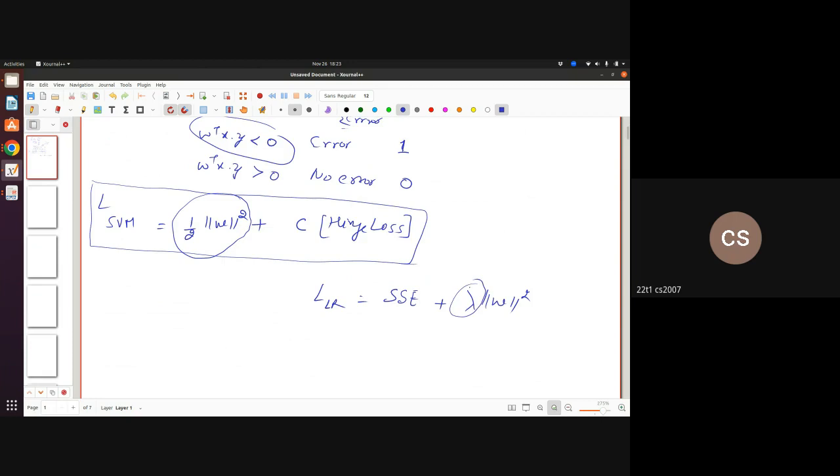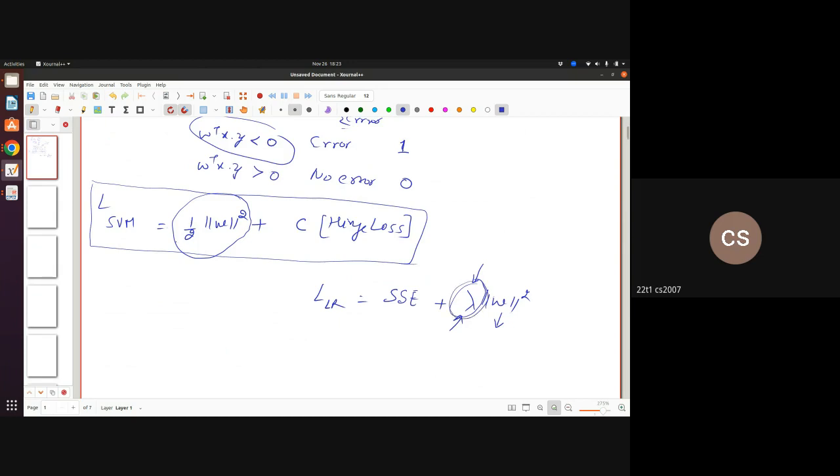This lambda was the regularization strength. What would happen if you increase the value of lambda? The length of W squared will decrease. When you increase lambda, the strength of regularization increases and the length of W further reduces, which means regularization is directly proportional to the value of lambda, right?